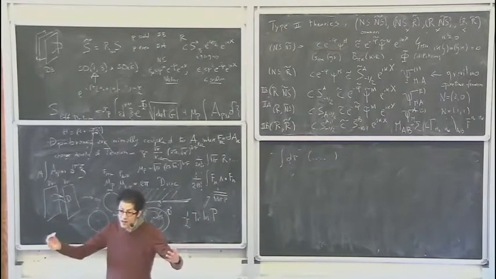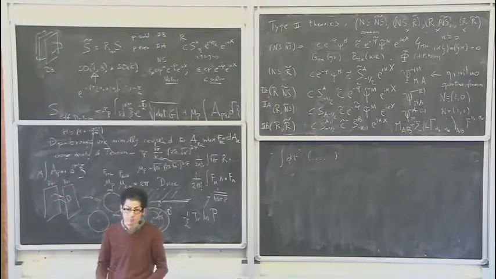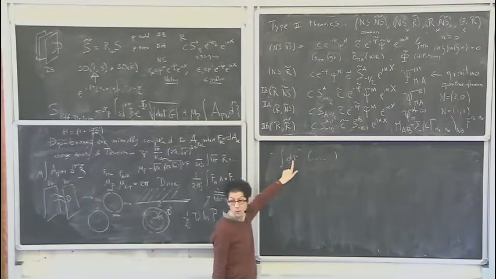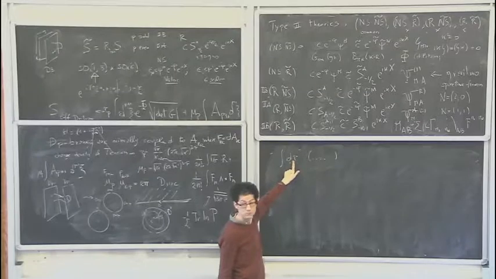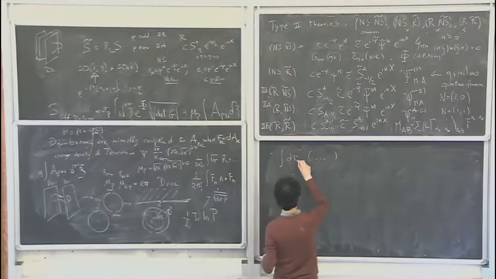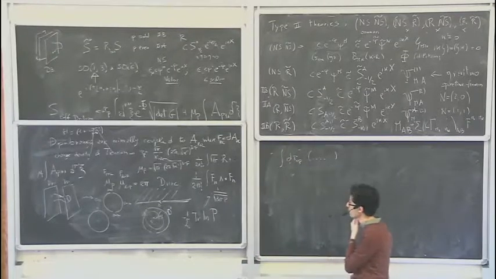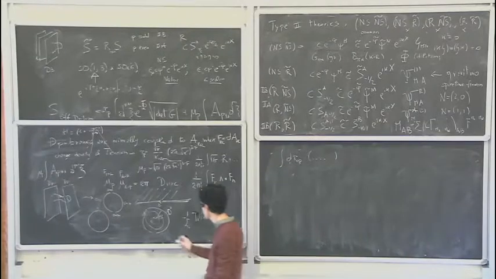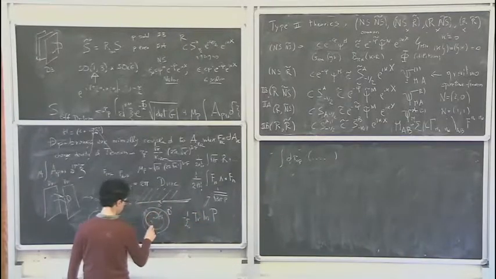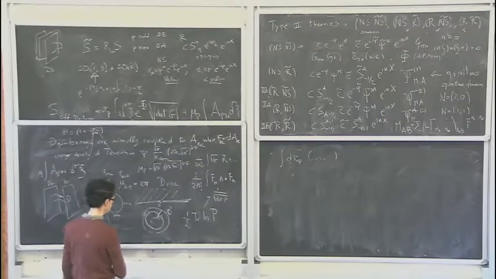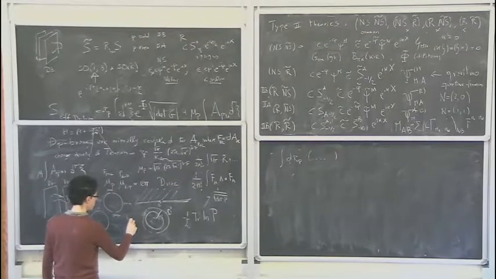If you rescale your metric, it doesn't change. So that ratio is tau. Let me call this tau open, and think of tau open as the ratio of this length divided by this width.